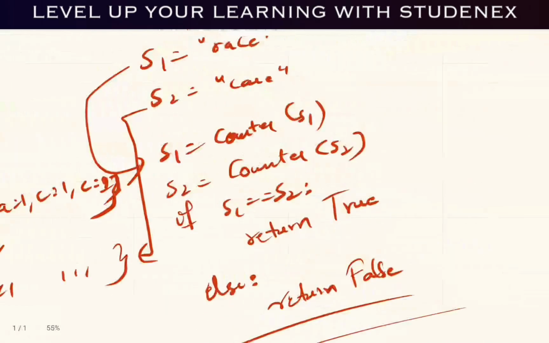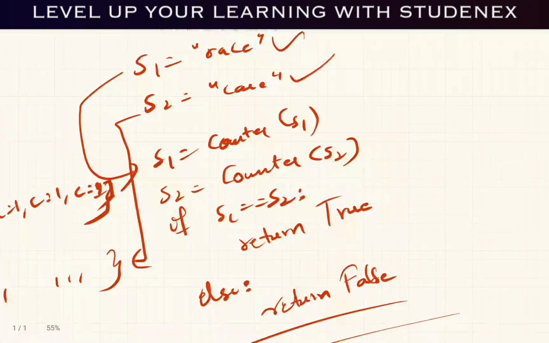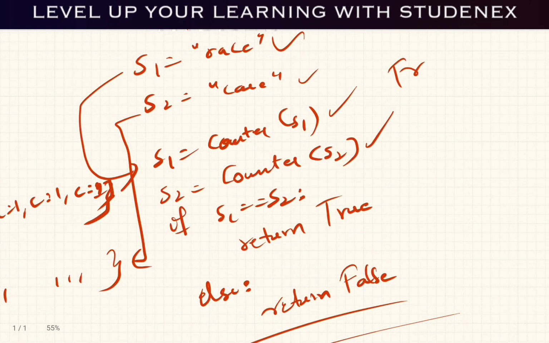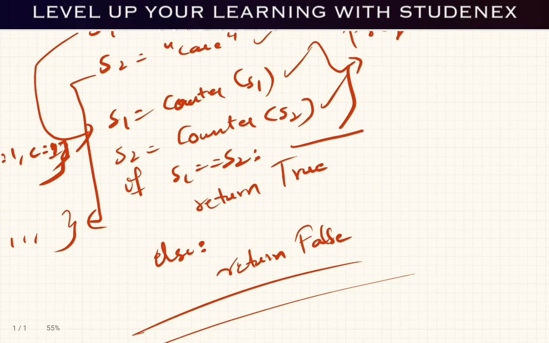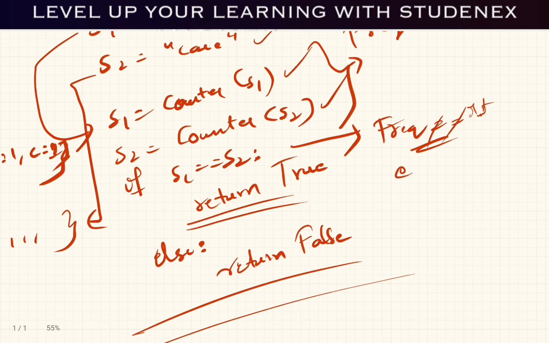This is a very simple question where you take two inputs and count the frequency of each. Here I found the frequency of both inputs, and I check whether the frequencies are equal or not. After checking, I return true if they are equal, else I return false.